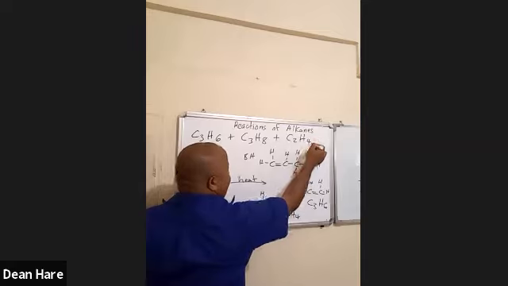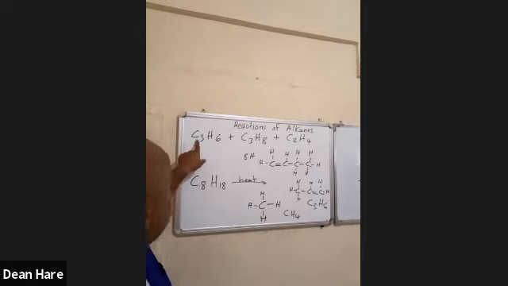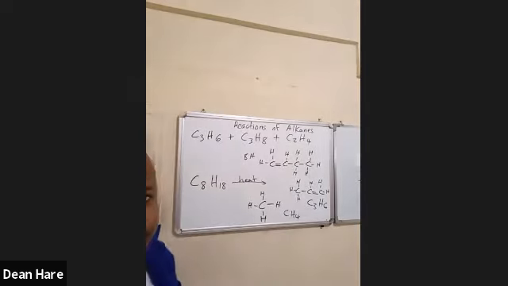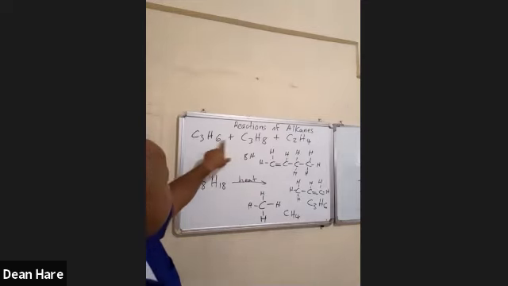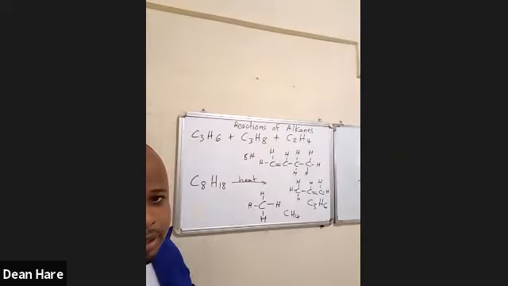So when you come up with these structures, all you need to do is add them up and see if you get back what you started out with. So we have 8 carbons: 3 and 3 is 6, and 2, that is 8. And for the hydrogens, 6 and 8, that's 14, 14 and 4 is 18, right?